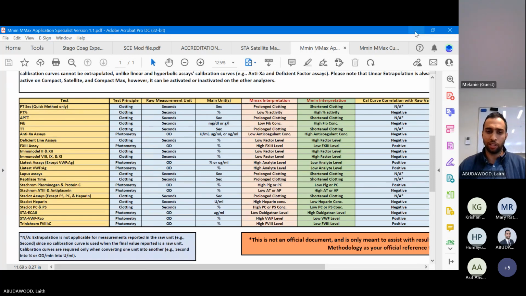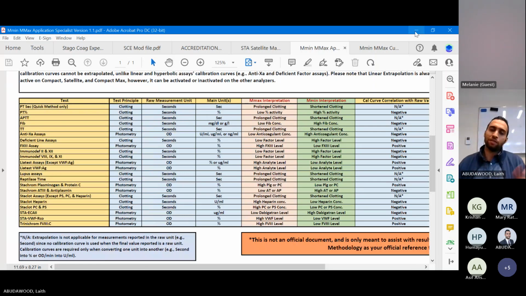The last bit of detail before I conclude: these two PDF files are not official documents. They are simply a summary of the SOP from Stago. I did not prepare anything extra other than what's available in the SOP already, and I put it together in summarized form, because definitely you cannot tell the customer every time they get MMin or MMax, oh, you have to analyze from the IFU how the methodology works, then go to the SOP.